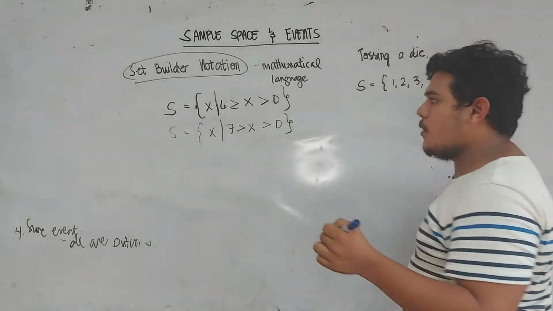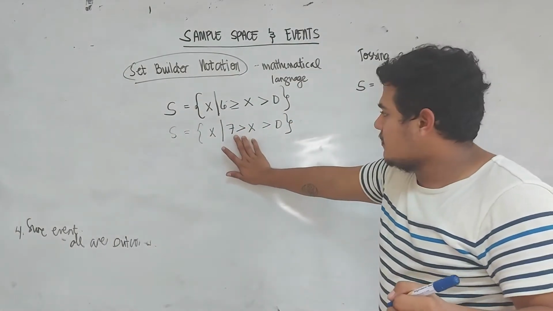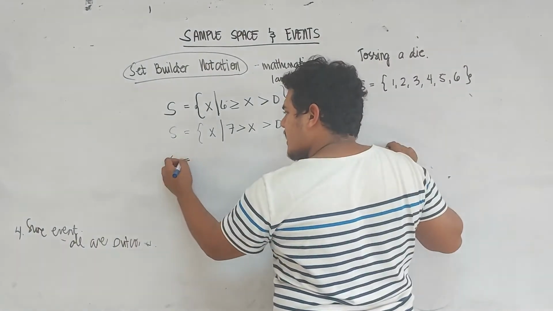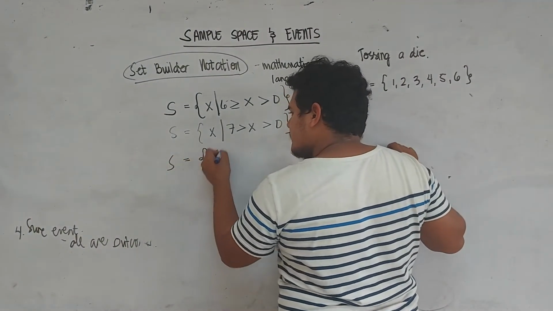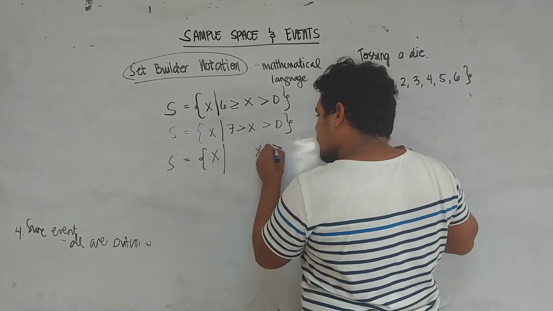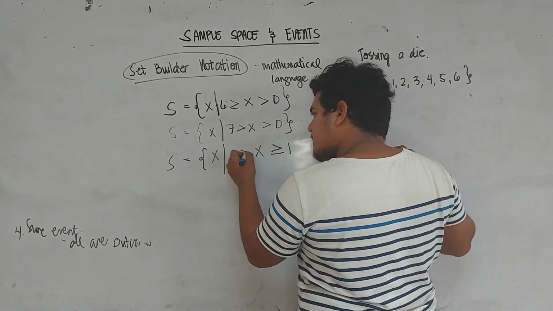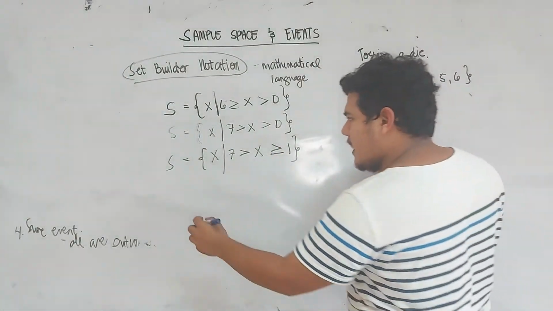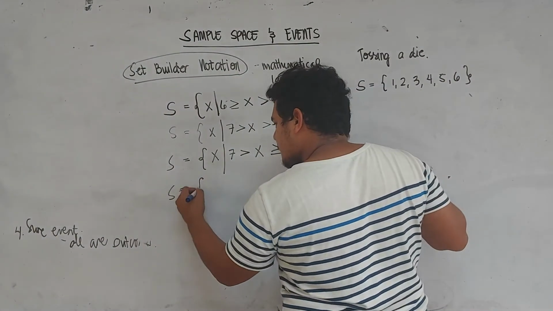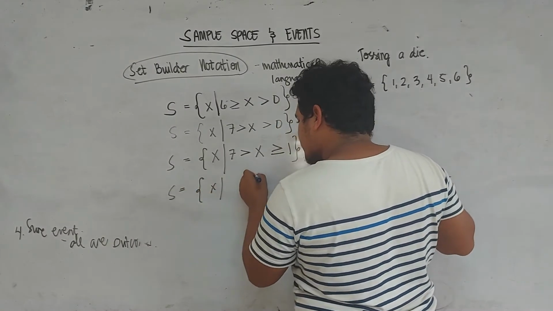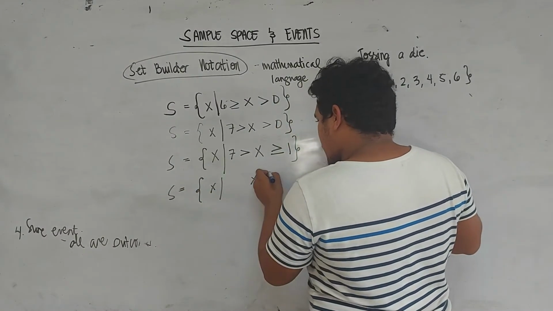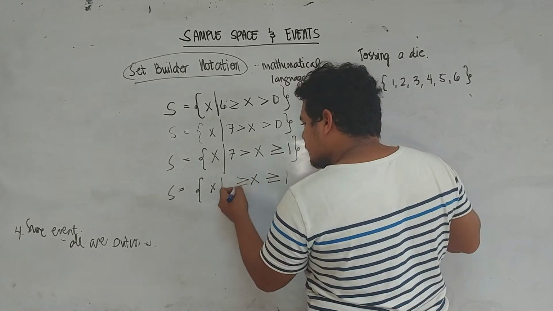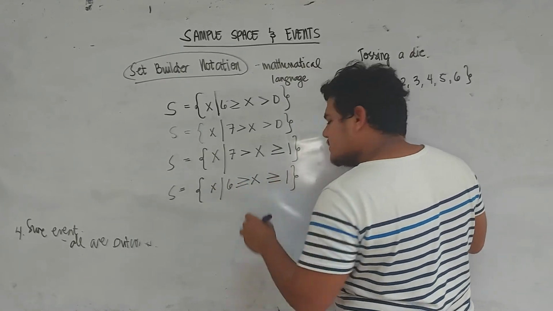Sakto, kay wala man tayo gilakip nga 7. Less than 7 man, so 6 ang katapusan. Another one, S is equal to X such that X is greater than or equal to 1, but it's less than 7. Pwede gihapon. Pwede pud: greater than or equal to 1, but it's less than or equal to 6.